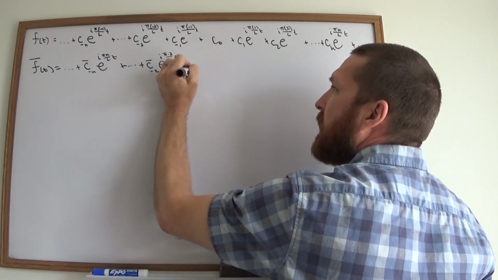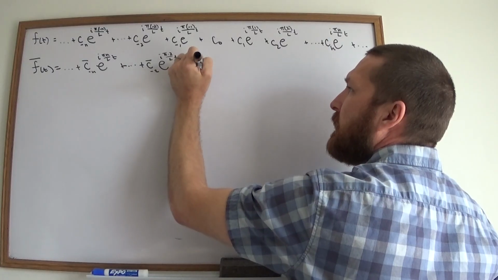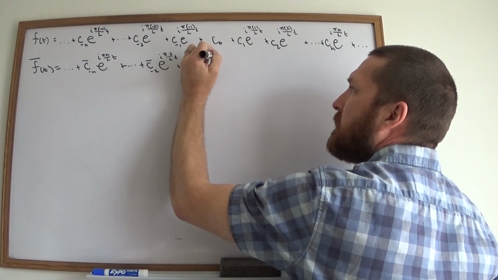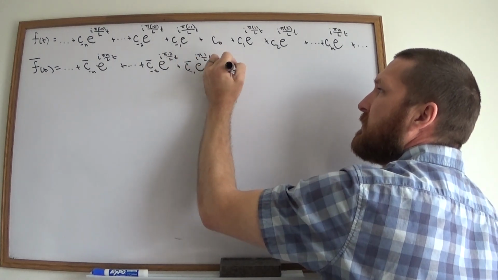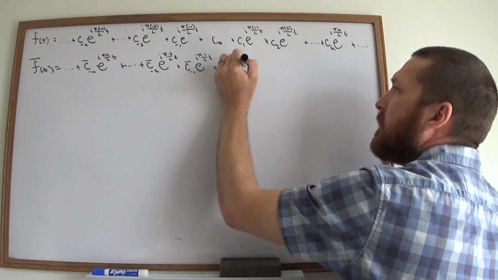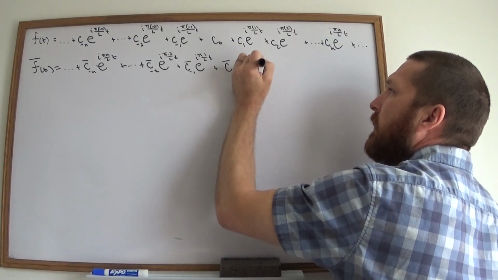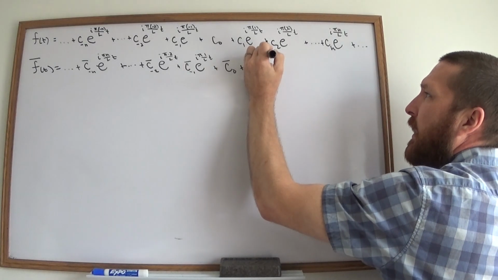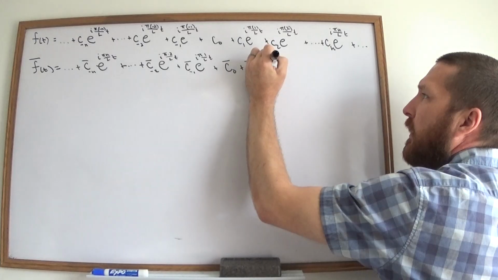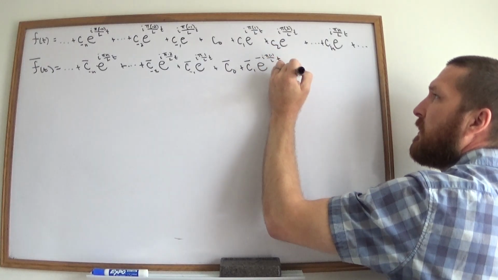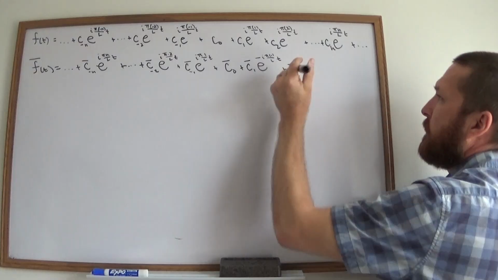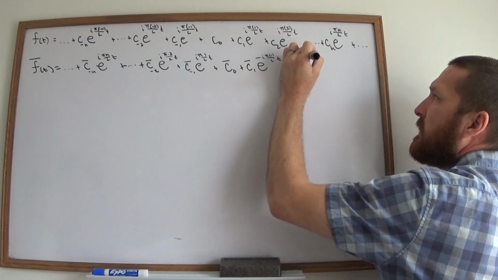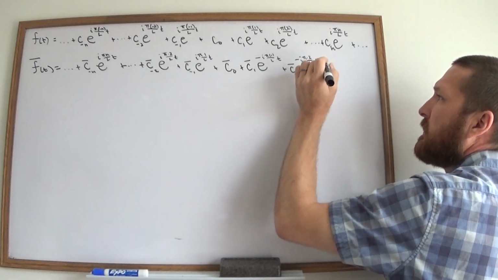This one is the conjugate of whatever that is. And then this is just positive i pi 1 over LT. The conjugate of C0, whatever it is, plus the conjugate of C1, e to the negative i pi 1 over LT, plus the conjugate of C2, whatever it happens to be, e to the negative i pi times 2 over LT.